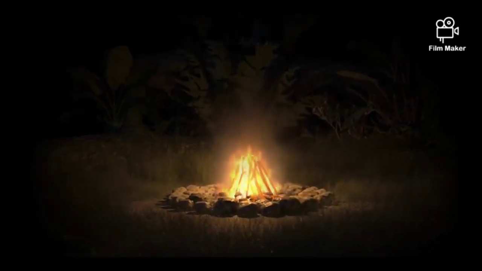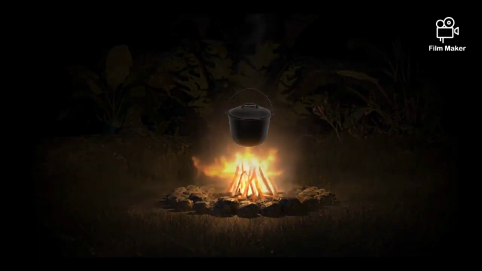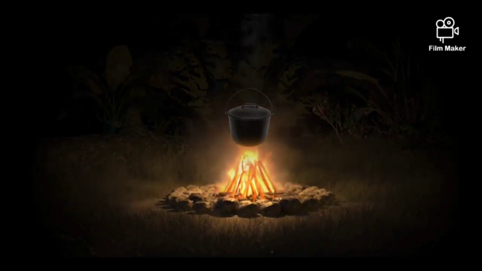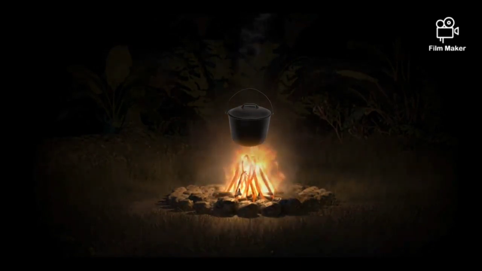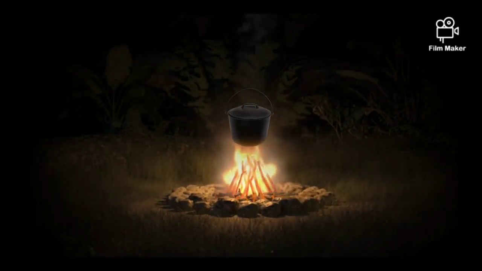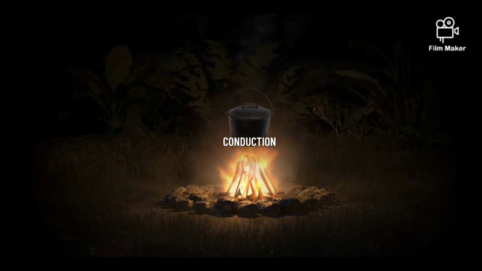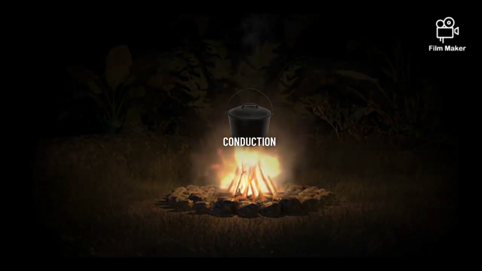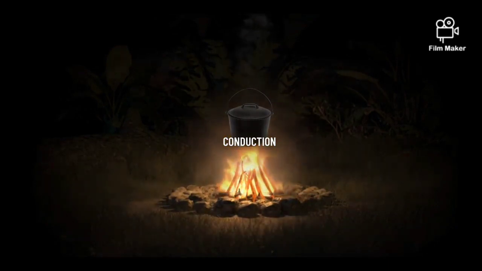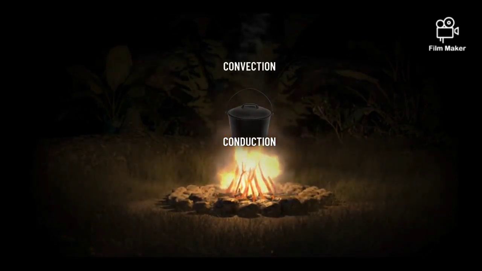Imagine that you are camping and you hold a pot of water or stew above that flame. Right now in this picture, we are seeing all three types of heat transfer taking place. There is conduction happening as the flame is transferring heat to and throughout the pot as a result of molecular contact.